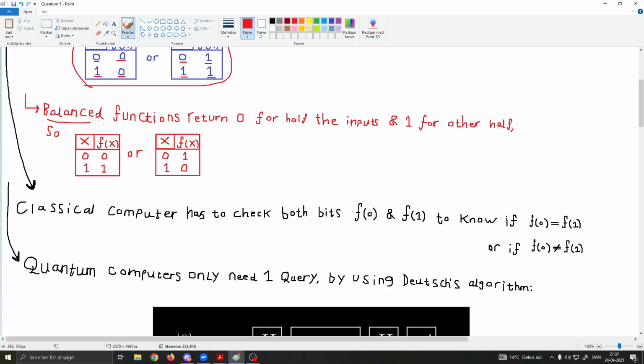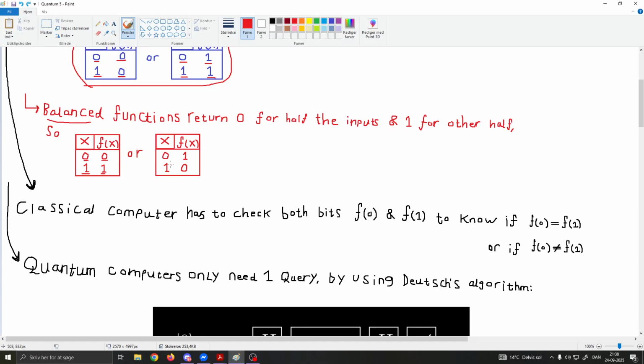If it instead is balanced, it is sort of the opposite. It returns 0 for half of the inputs, and it returns 1 for the other half. So the two possible scenarios here are that it returns 0 upon an input 0 and 1 upon an input 1, which is almost like describing the relation as the identity.